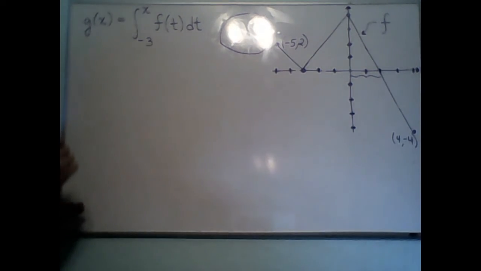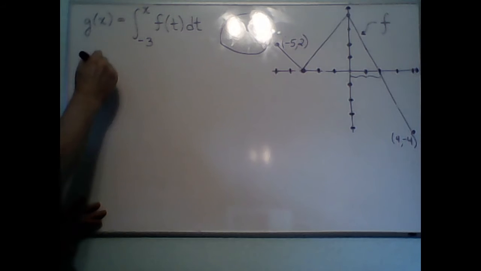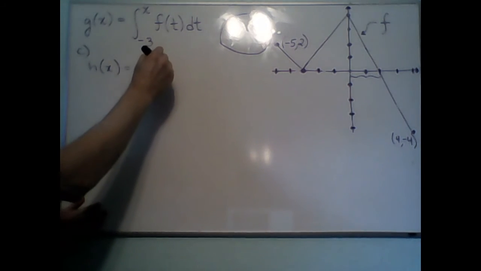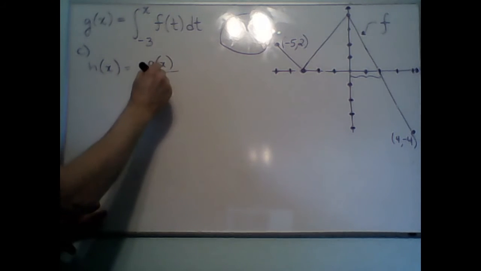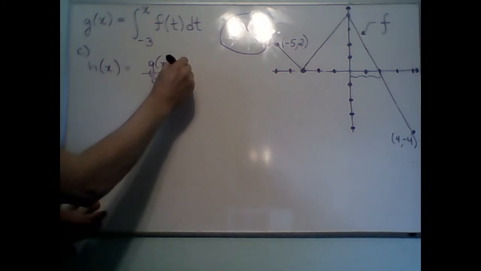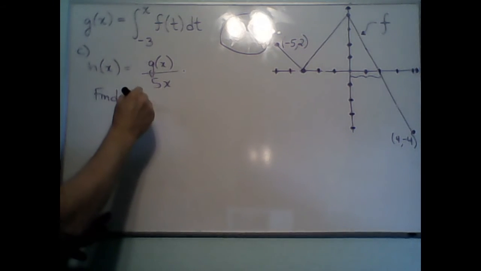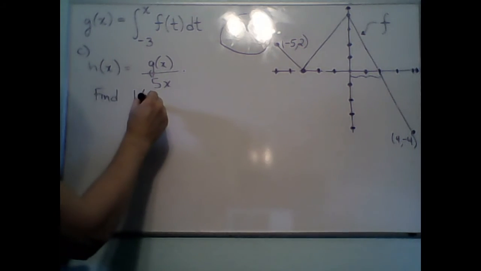C gives us this function h of x. This is part C. h of x equals g of x divided by 5x. And we are supposed to find h prime of 3.